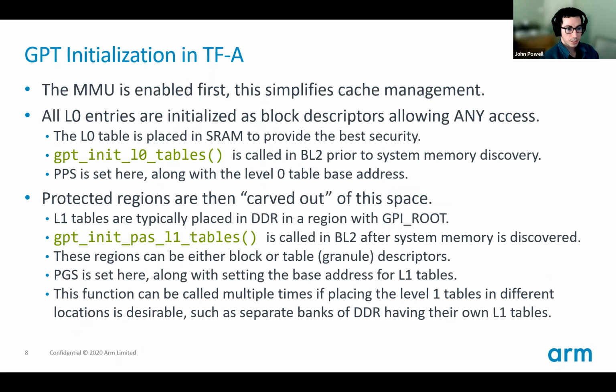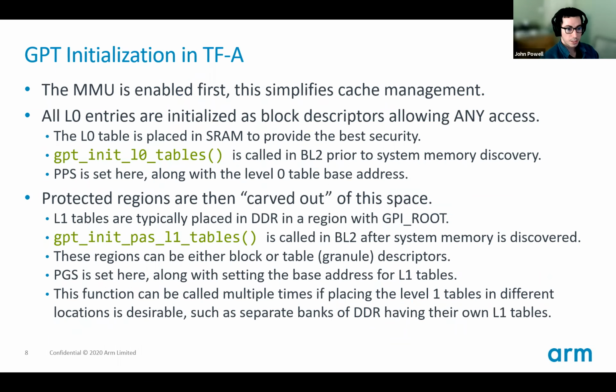L1 tables would usually have granule descriptors, which describe each granule individually. A contiguous descriptor allows you to describe a large range of granules from several megabytes up to several hundred megabytes. I think it's 2 megabytes at the smallest and 512 at the largest.